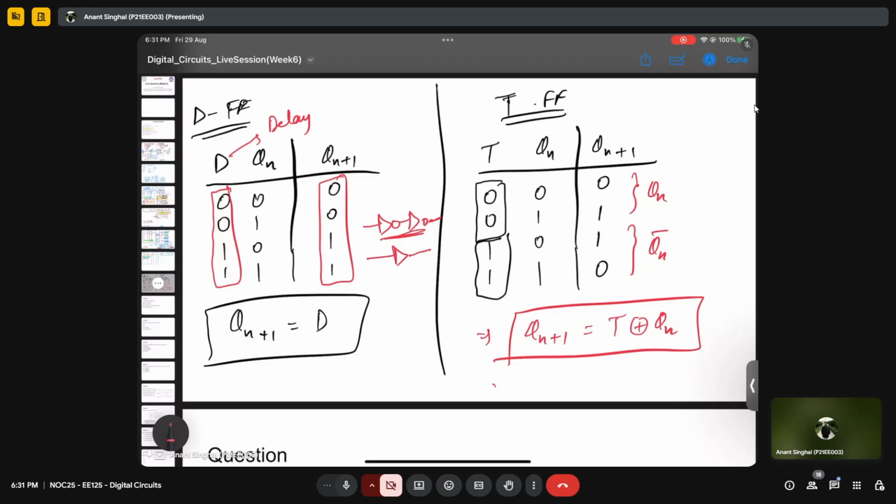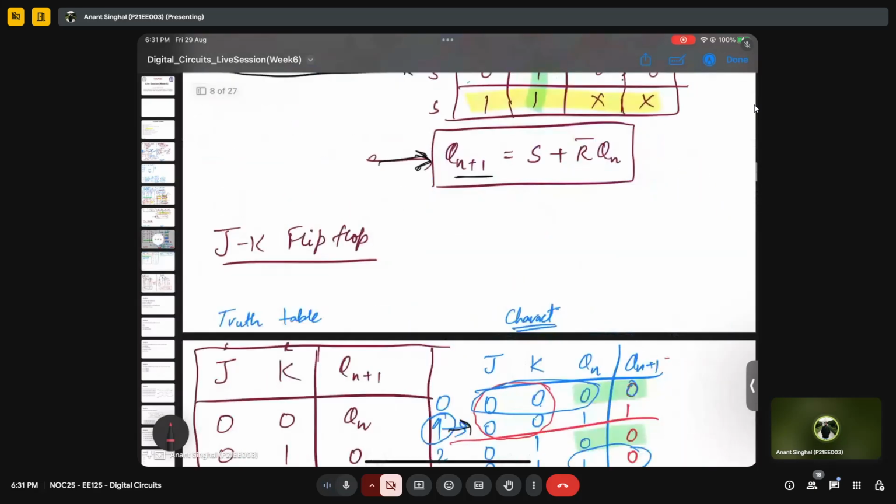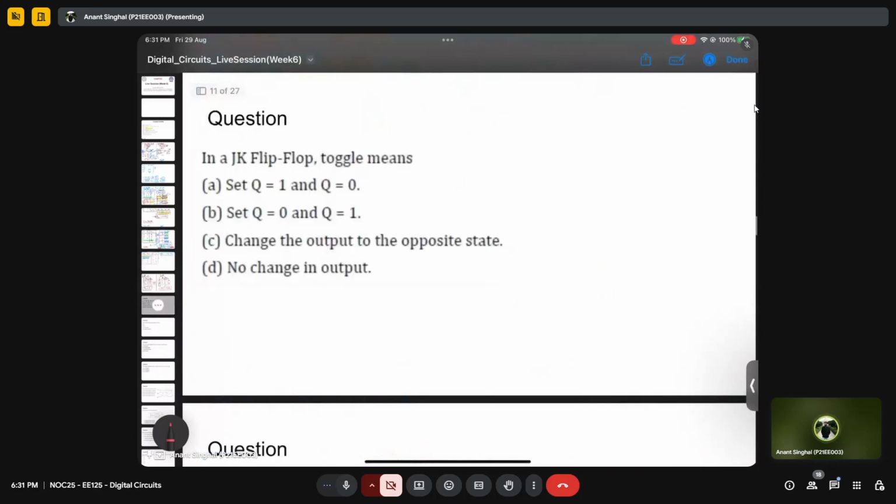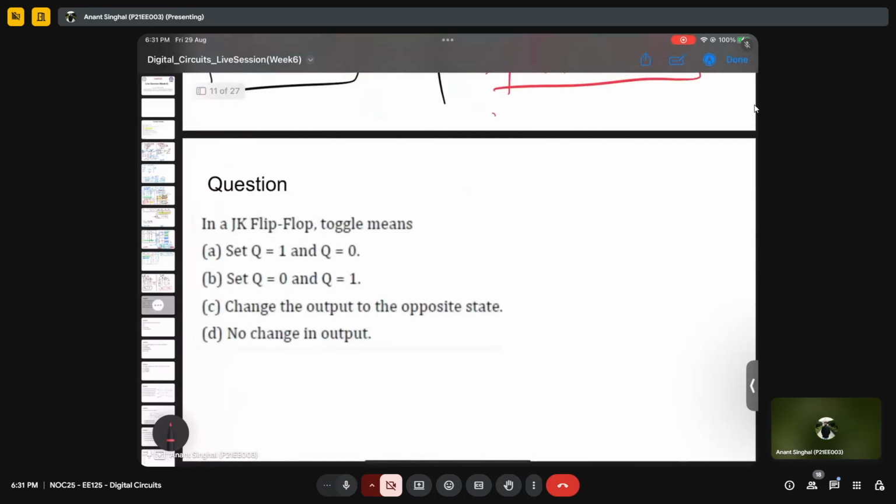Okay. So let's do some basic questions on whatever we have understood till now. In this question, it says in a JK flip flop, toggle means, anyone?